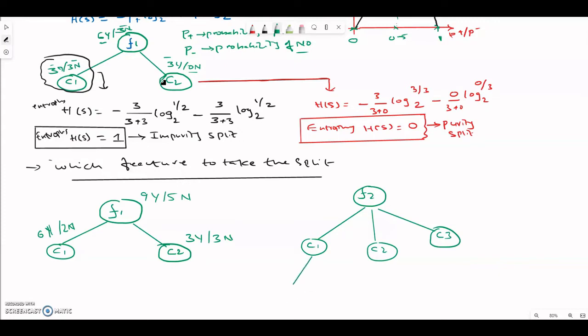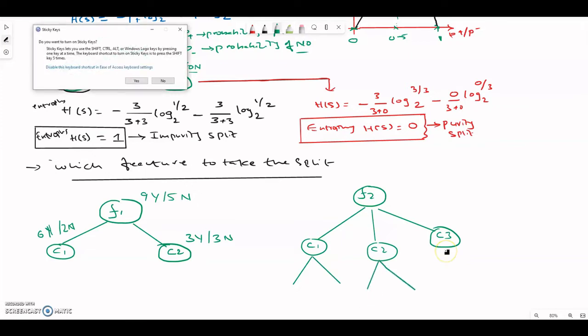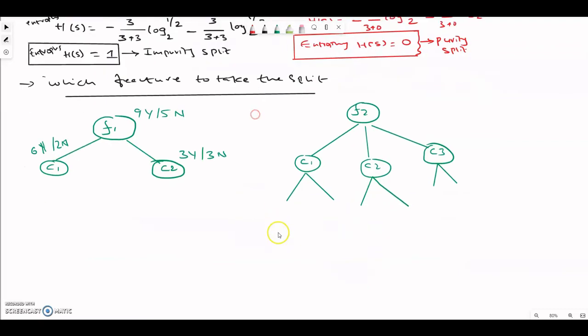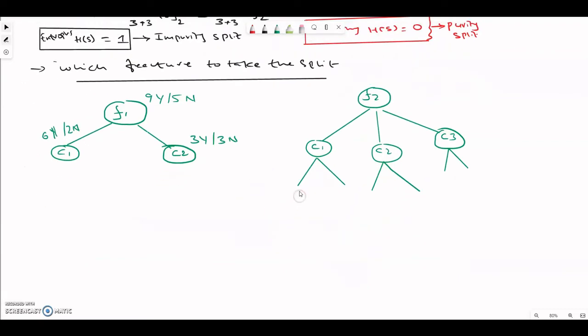Again from here we are trying to take the splits until we get a pure split. Now how do we know which one to take first? For that we are trying to use a method called information gain.